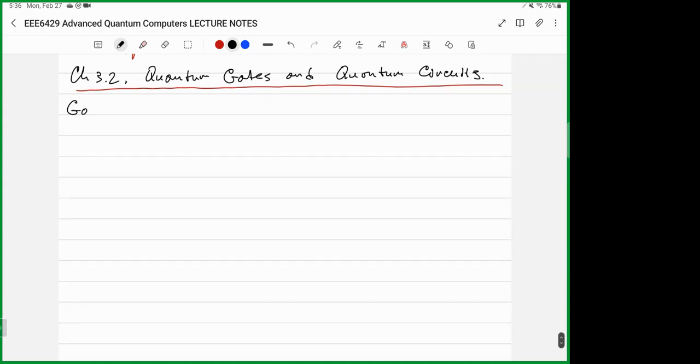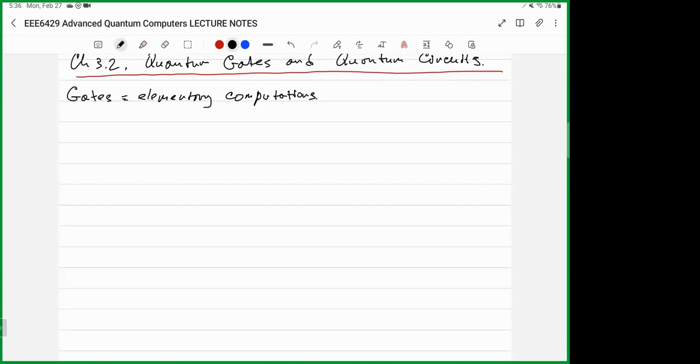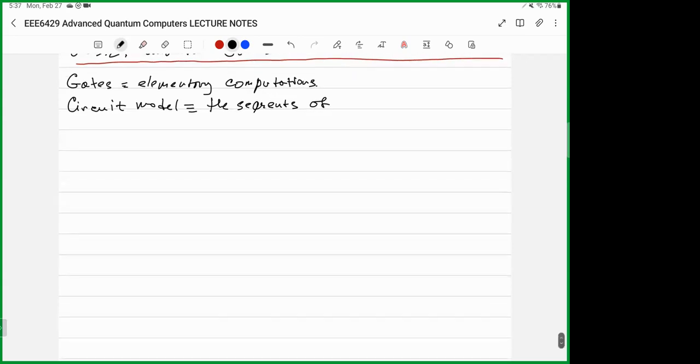So gates are the elements or building blocks carrying out elementary computations, and the circuit or circuit model is the sequence of gates.